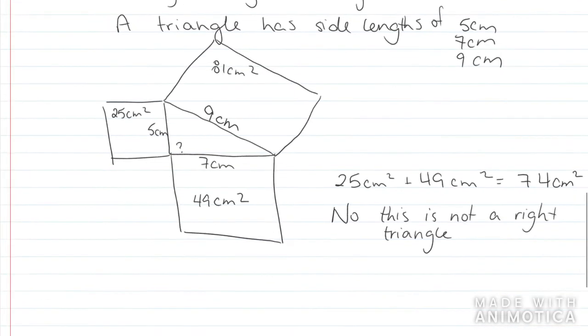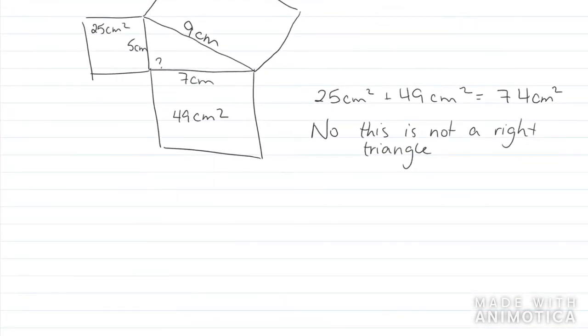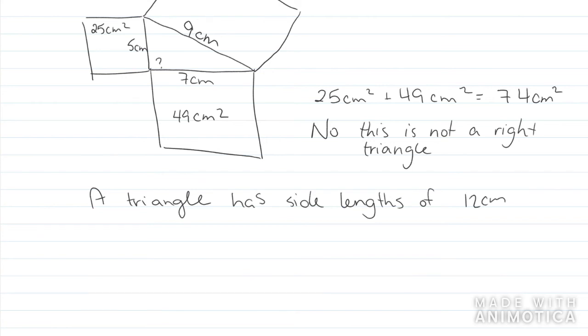Okay, let's try one more. A triangle has the side lengths of 12, 16, and 20.